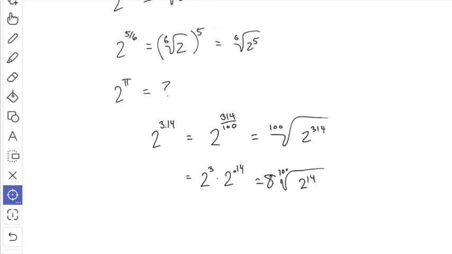This would work for 2 to the power 3.14, but of course pi is not equal to that. It's close to that, but not quite equal to that.